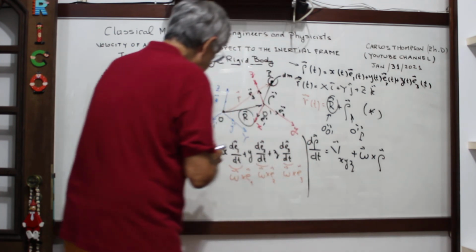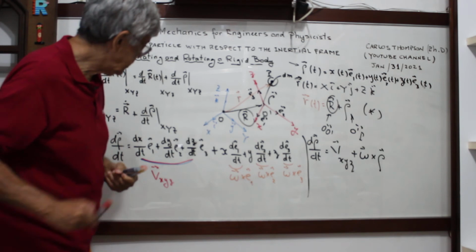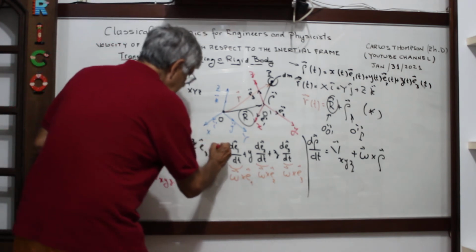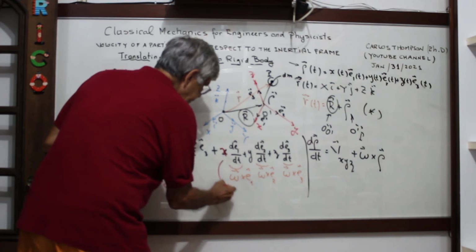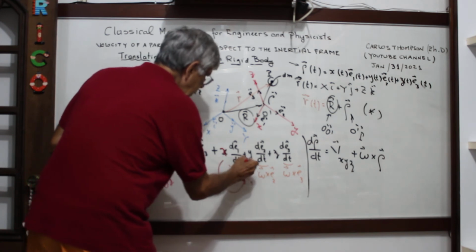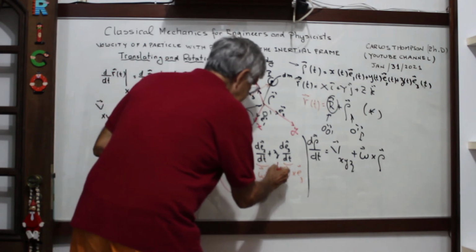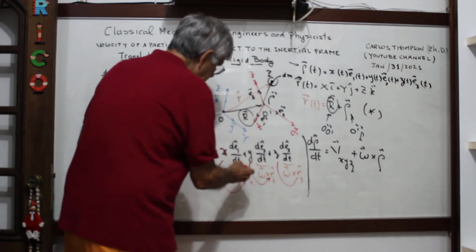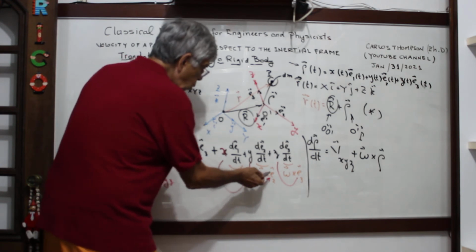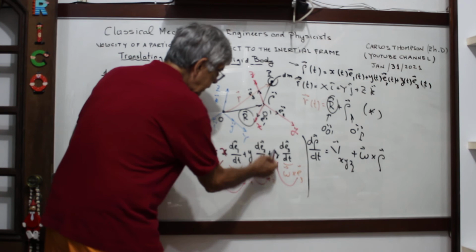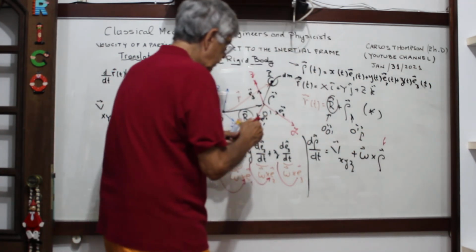Why cross rho? Because I take the x and I insert over here, I take y, I insert over here, and z here. So I'll have x e1, y e2, and z e3. This is rho, over here.